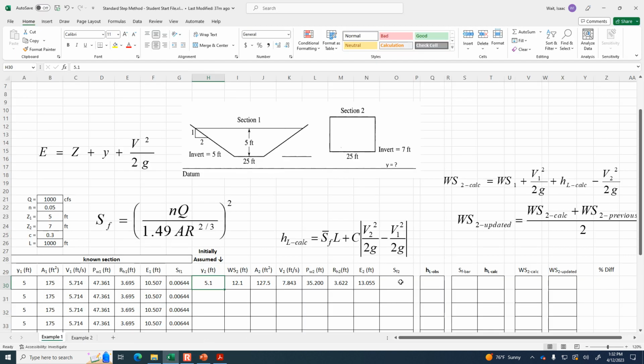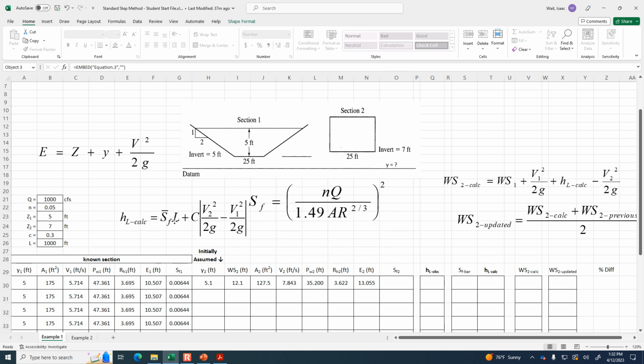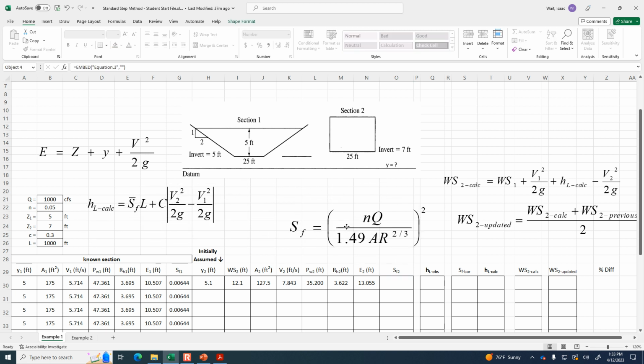Before we do, let's just calculate what is the slope of the energy grade line at 2, because we're going to want to know the slope of the energy grade line in the middle, between 1 and 2. So again, we're going to use this formula, rearranging Manning's equation to solve for the slope of the energy grade line.